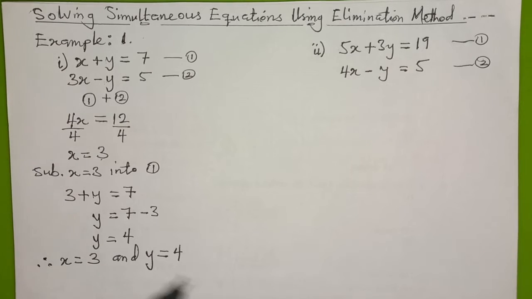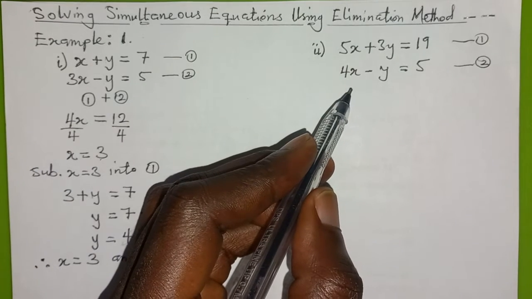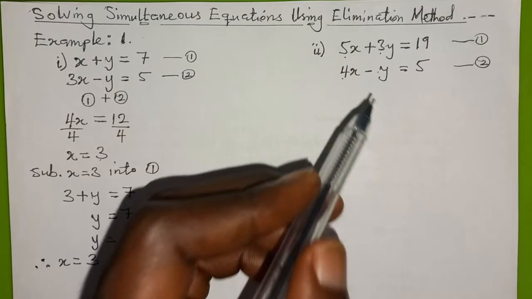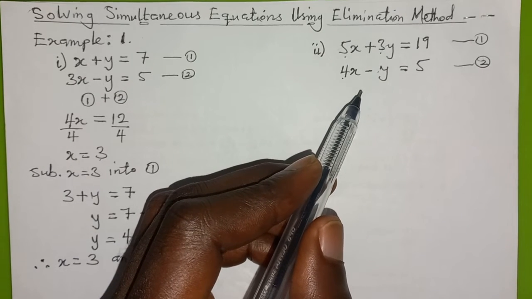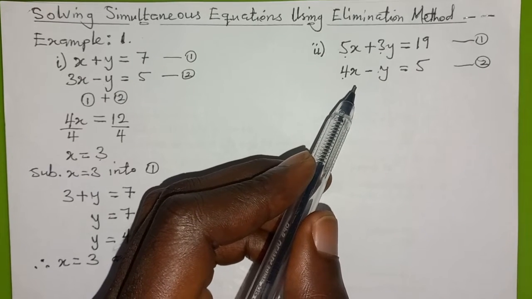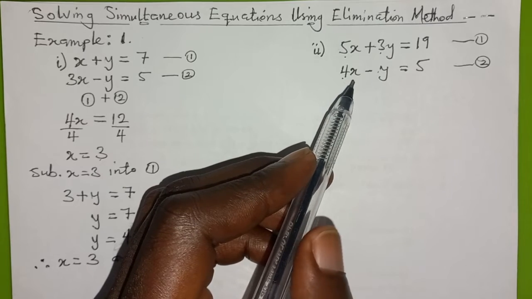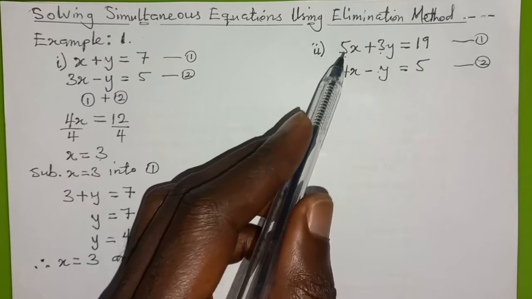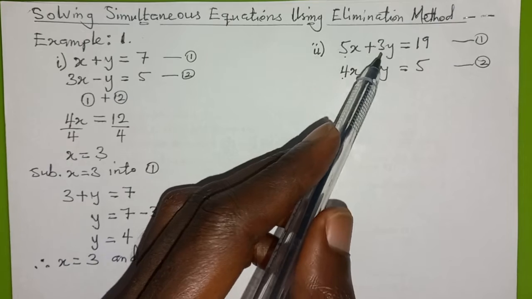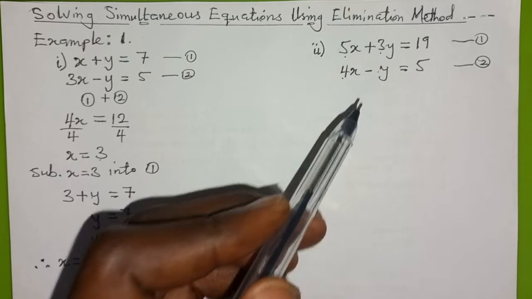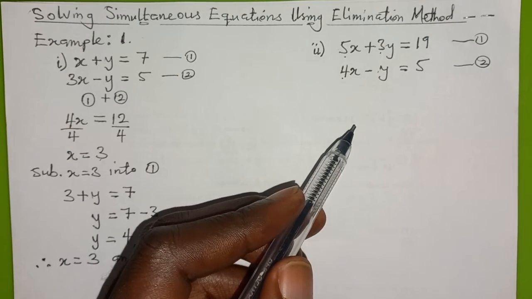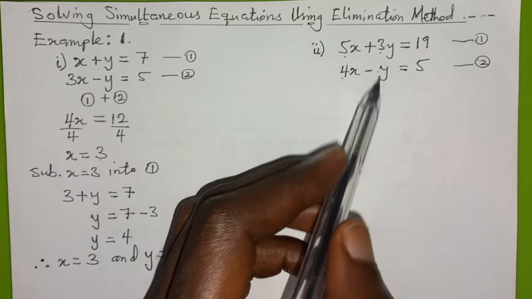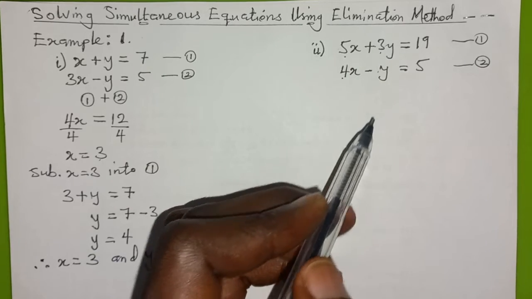Now let us go ahead and solve the second example. In our second example, the approach would be a bit different because the coefficients of x are different and those of y are also different. But we will prefer to eliminate y. All right.